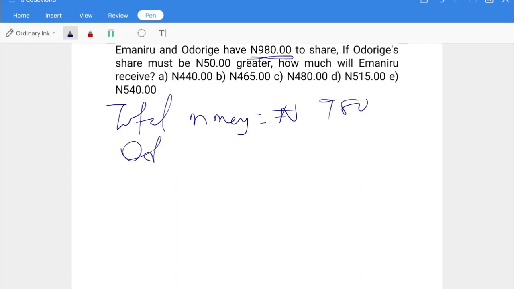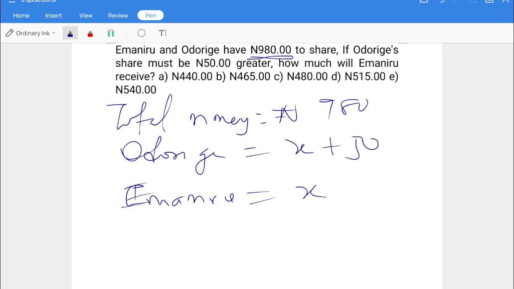Odorige is 50 naira greater. What I want you to do is let Emaniru's share be x. Odorige will now be x plus 50, because Emaniru's share is x, unknown, but you know that Odorige must be 50 more than Emaniru.